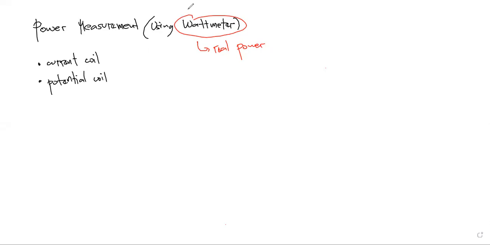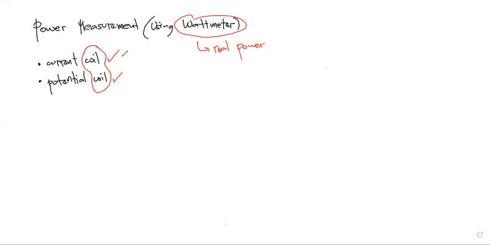If you look at the wattmeter, its composition is made up of coils. There are two coils: the current coil, where the current will flow, and the potential coil, where the voltage is impressed.